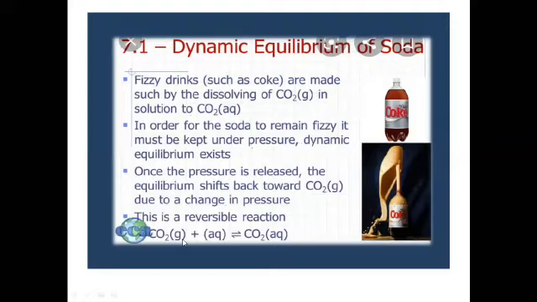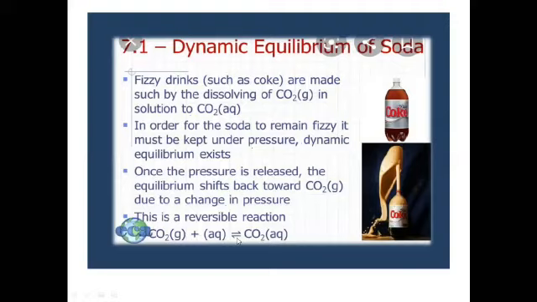Equilibrium state, I told you in my previous lecture, is the state of a reaction in which the rate of forward reaction becomes equal to the rate of the reverse reaction. And why is it called dynamic equilibrium? It is called dynamic equilibrium because with the naked eye, or macroscopically, it seems that the reaction has stopped.